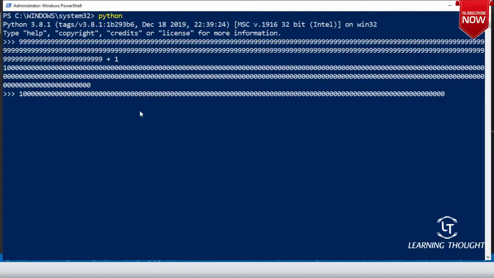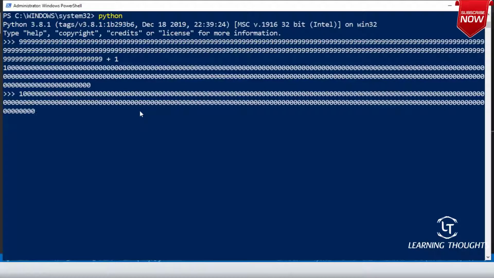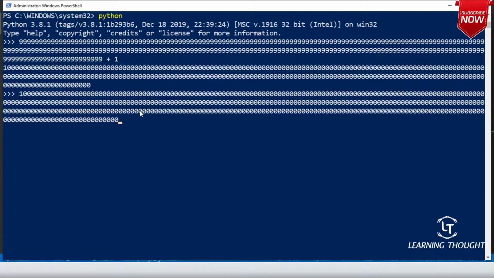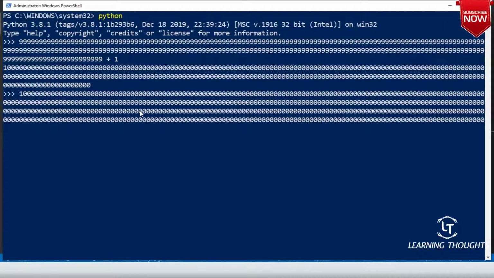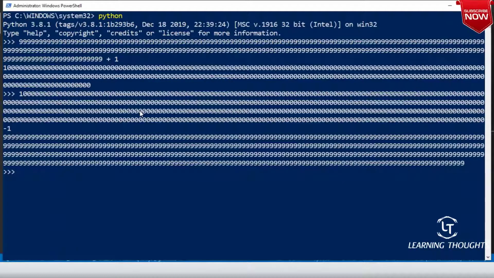Now let me add one more huge number. This time let us make 4 lines. I don't even know what is the value of it and why I would do that in my normal day-to-day programs. But is it working? Now 2 to the power of 1000.